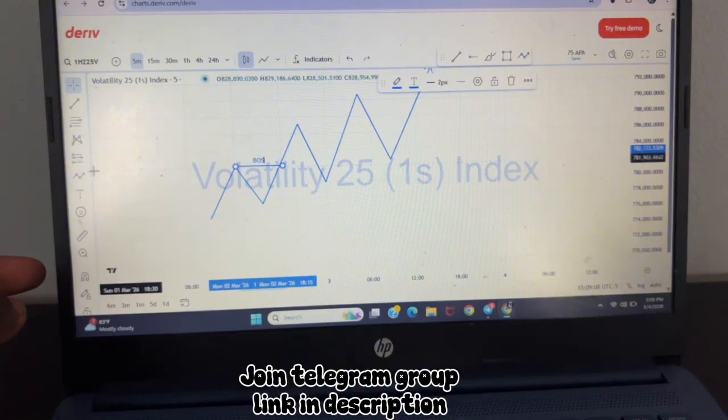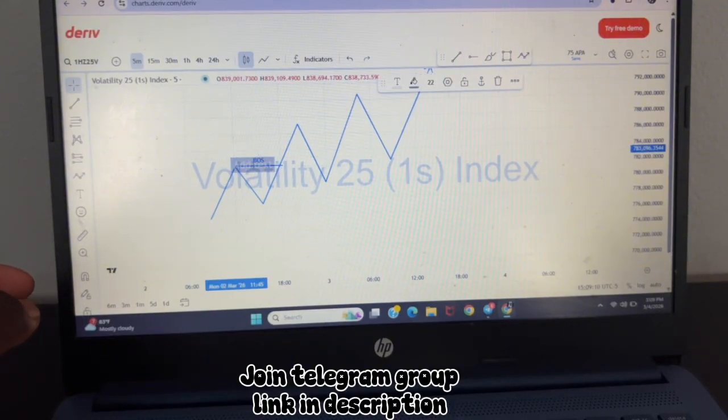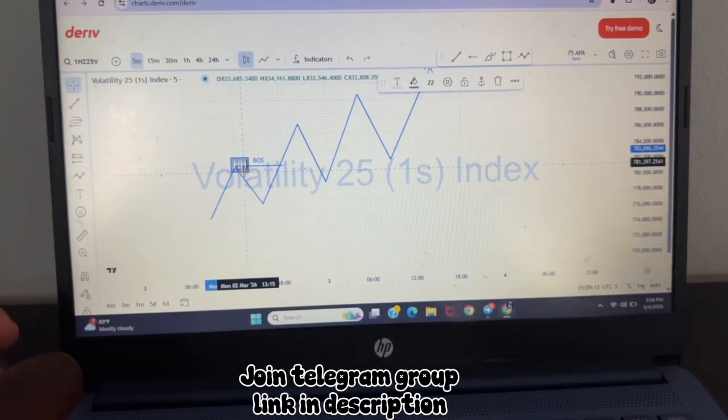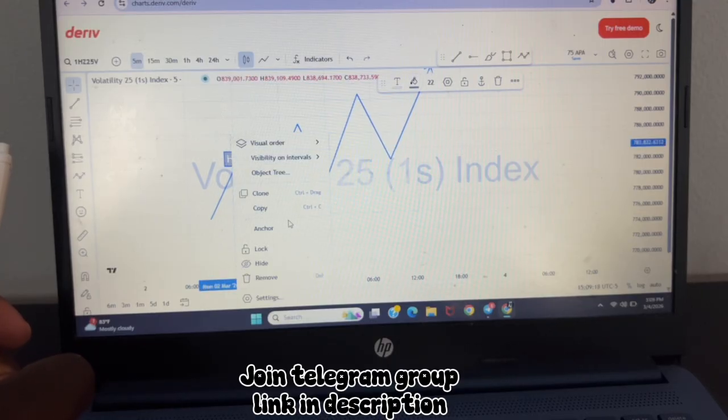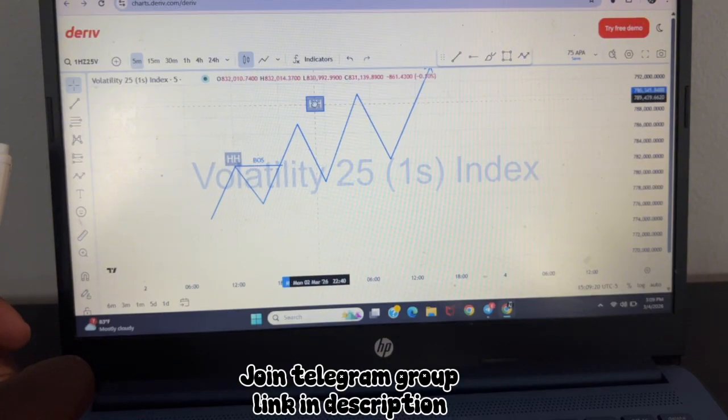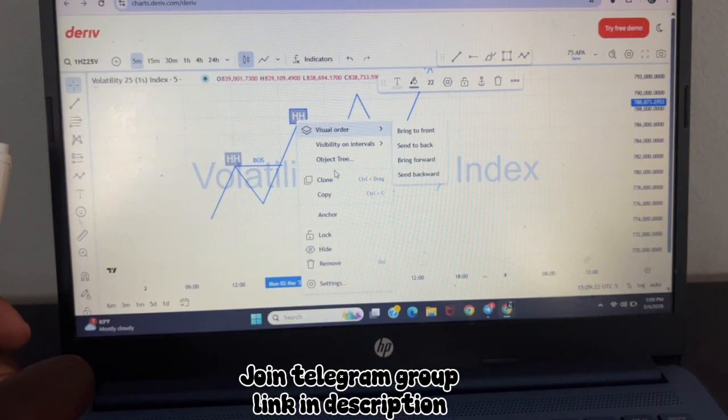It breaks structure again and gives you a higher high right up here. So the market confirmed that it's in a bullish trend, with all of these higher highs and higher lows.